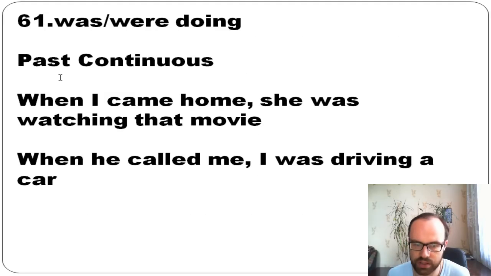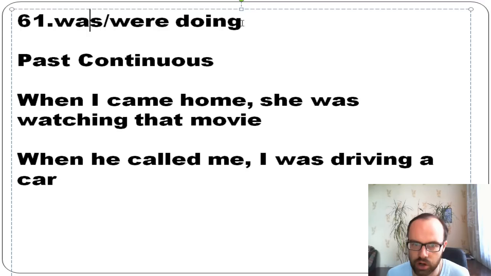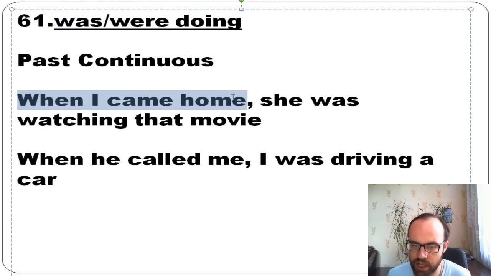Okay, next, past continuous. Was, were plus verb plus ing. Was, were doing. We often use it in this situation. For example, when I came home, she was watching that movie.